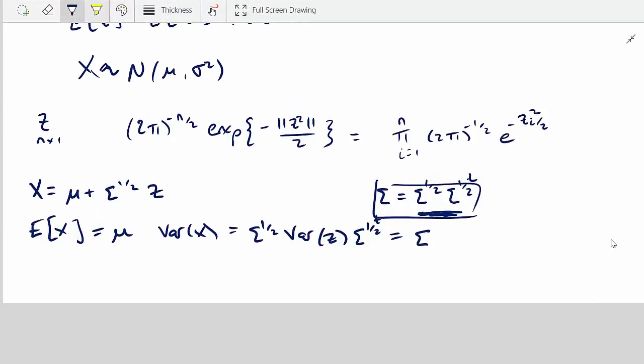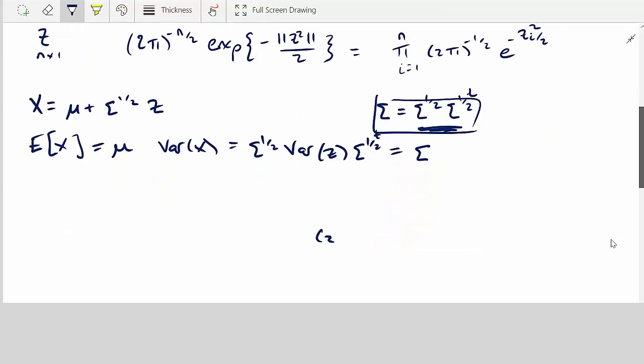Okay, so using that we can define the multivariate normal distribution, which people would just call the normal distribution, or the multivariate normal distribution maybe, and we would write that X is normal(mu, sigma).